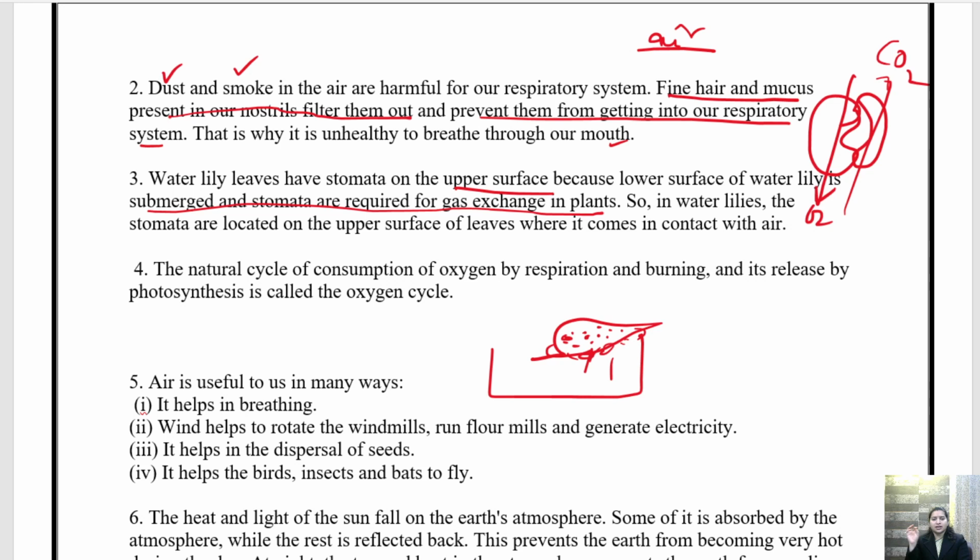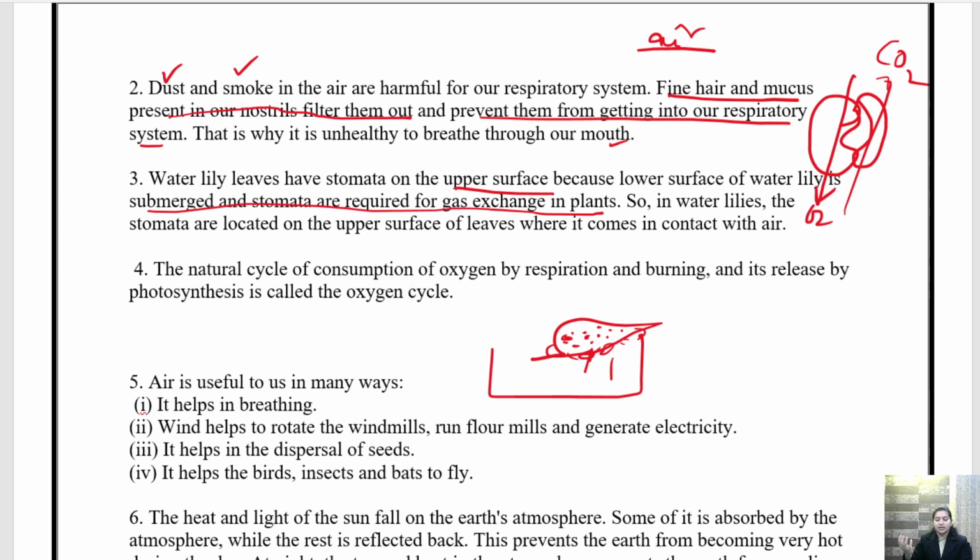Nature maintains the level of oxygen, carbon dioxide, nitrogen and everything in the atmosphere. So how does it do it? We know that there are millions of people inhaling oxygen. So if so many people are inhaling oxygen, the oxygen in the atmosphere should run out, but that does not happen. Nature maintains it.